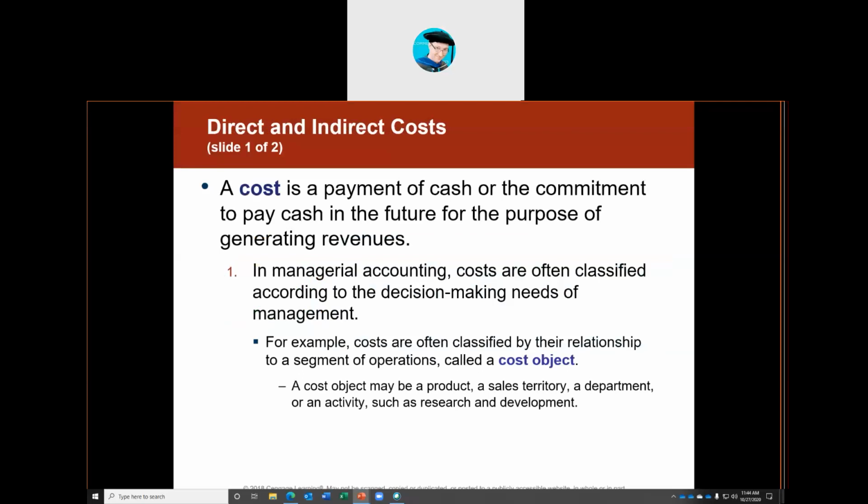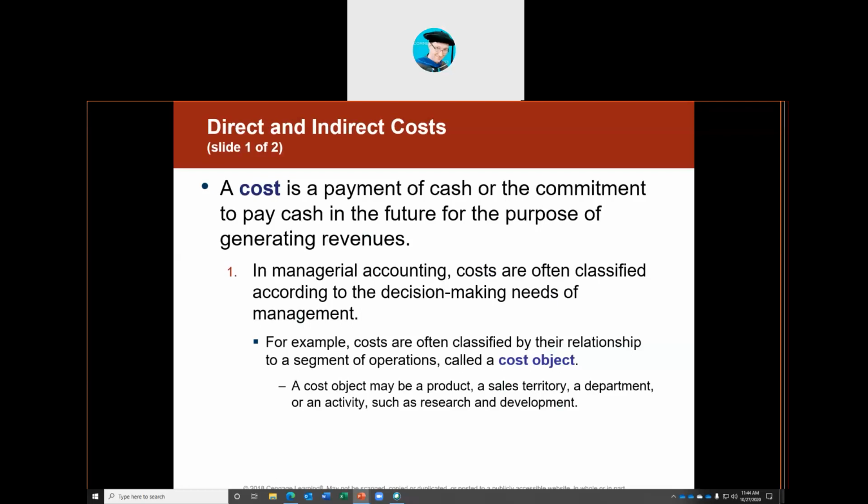Now, here's the thing. There's a lot of cost involved, and this is where this chapter gets important. A lot of what we're going to talk about in this course is based off of cost. As you know, a cost is a payment of cash or the commitment to pay cash in the future for the purpose of generating revenue.